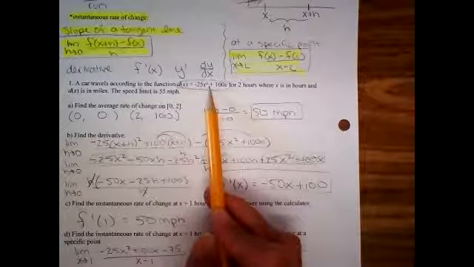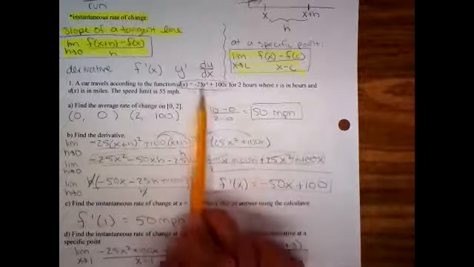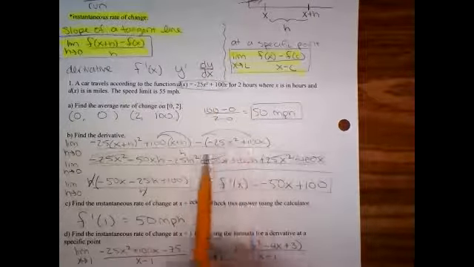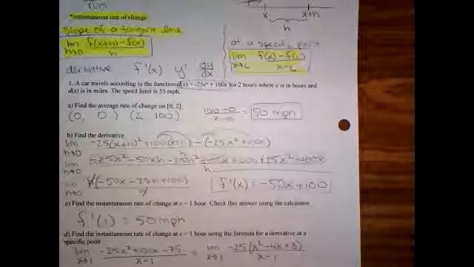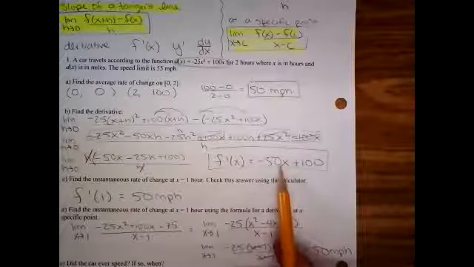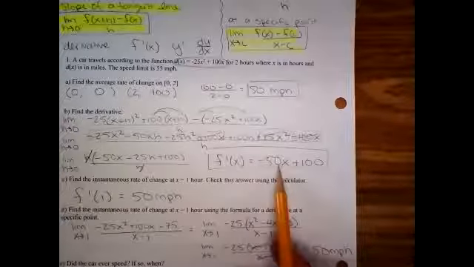I just want to wait for you to find it. Are you good? Okay, so you're going to plug it into the original function. Slope comes from the derivative, and you're going to hear me say that a gazillion times. Slope comes from the derivative. Slope of a tangent line. Slope comes from the derivative. So here's our derivative. If you plug 1 into there, you get 50. So our slope is 50.